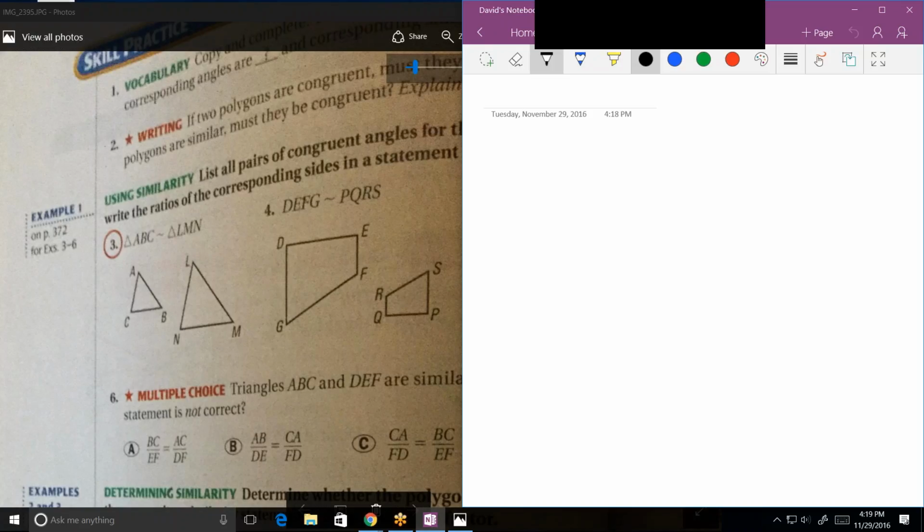So now give me the ratio of corresponding sides in a statement of proportionality. DE is to PQ, as EF is to QR, as FG is to RS, as GD is to SP.